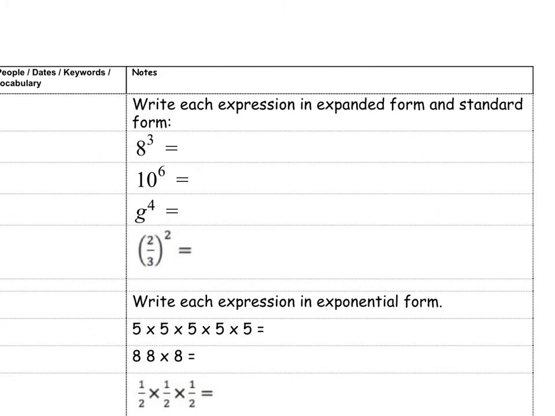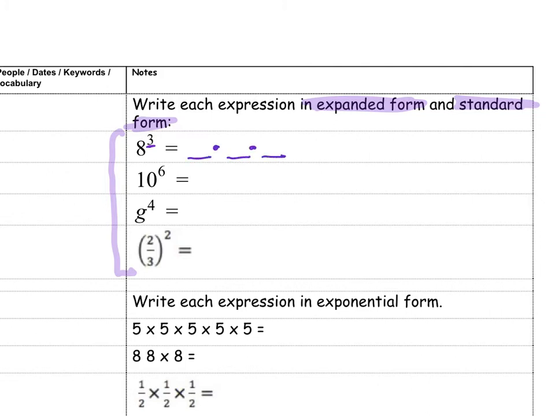So a to the third, it says to write it in expanded form, and your standard form once you're simplified, because these are all in exponential form right now. So this means 8 to the third. So the 3 tells us that there are 3 factors.